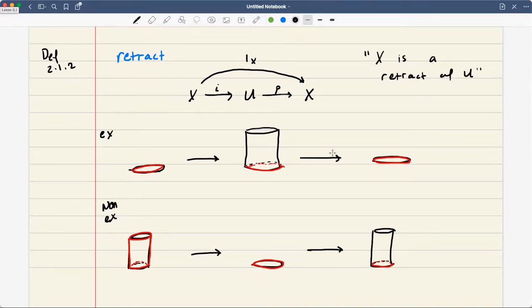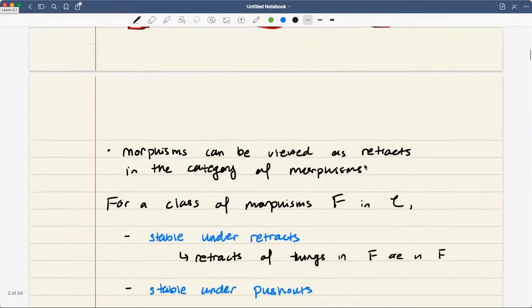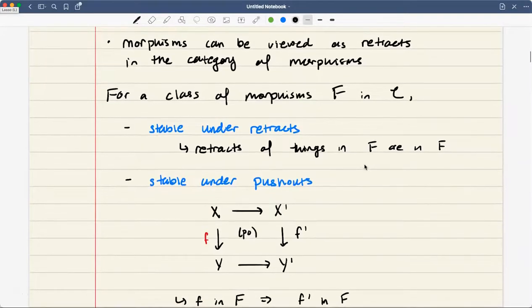It's just an object where you can find this diagram right here, but I visualize it like how it would look topologically. So we can view morphisms as retracts, in which our graphical intuition maybe isn't the best, but they're just retracts in the category of morphisms.